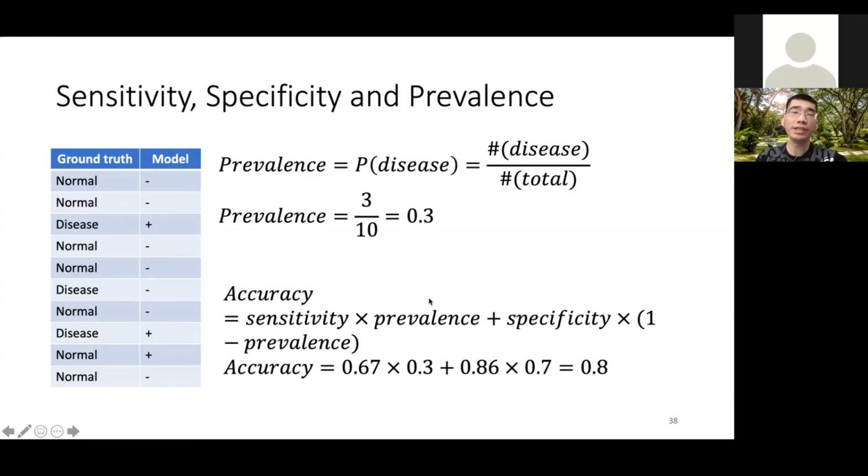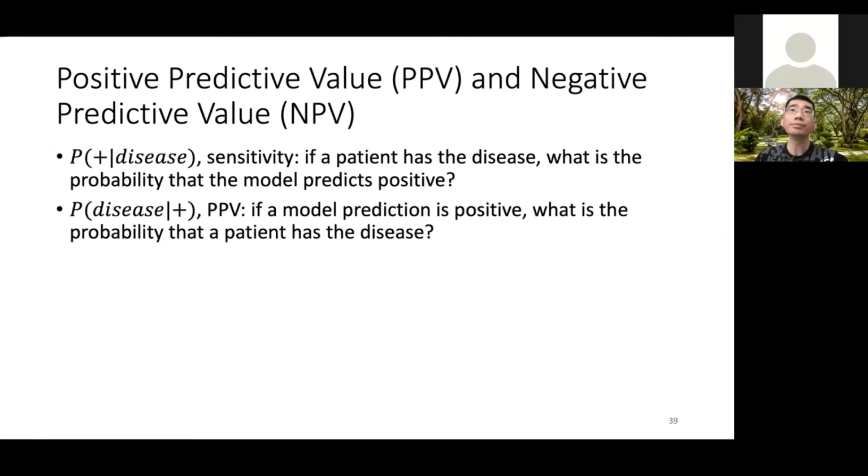So we have covered 2 metrics we can use to evaluate diagnostic AI models, sensitivity and specificity, and we have seen how they are related to accuracy, right? So sensitivity tells us, given we know a patient has a disease, what is the probability that the model predicts positive? But in the clinic, the doctor using an AI model may be interested in a different question, because in most cases, the doctor does not know whether the patient has the disease or not.